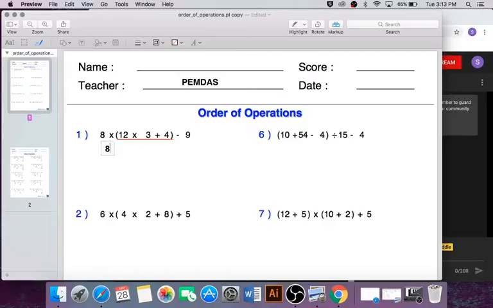So we have 8 times, and then we're going to do 12 times 3, which is 36, plus 4, which is 40. So our new equation looks like this.